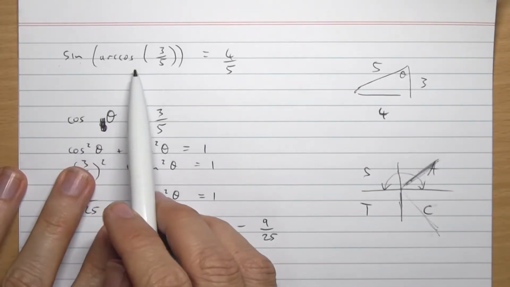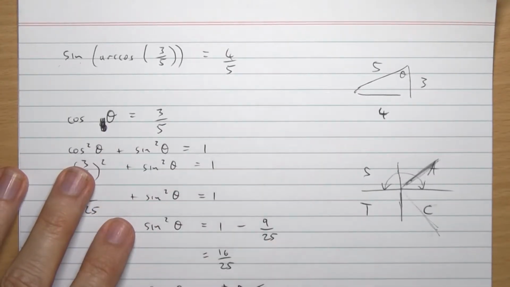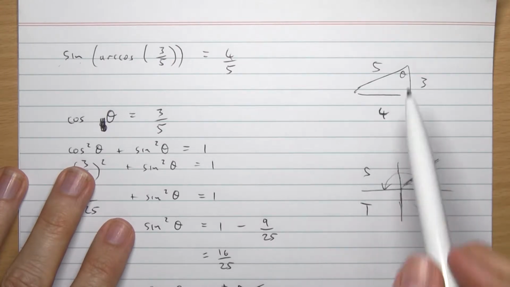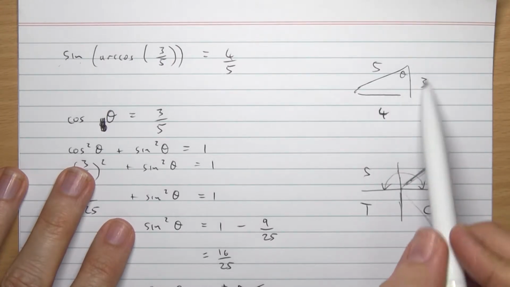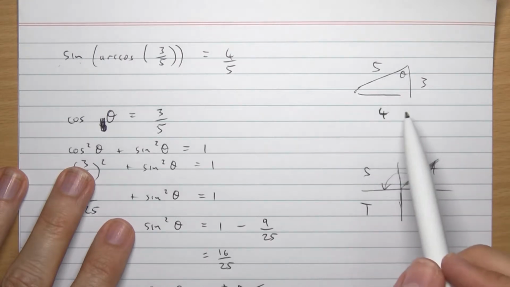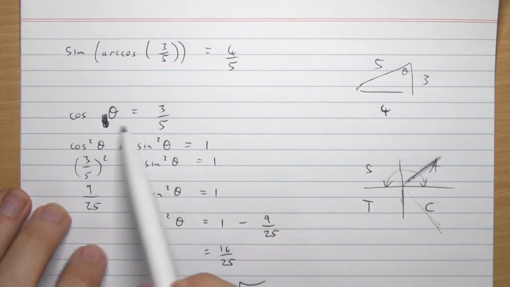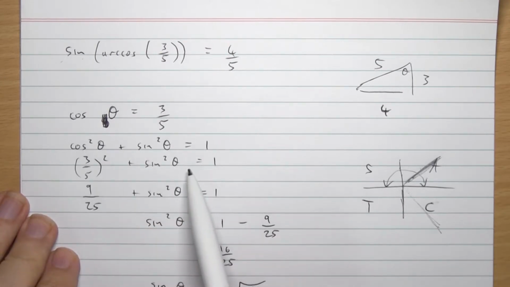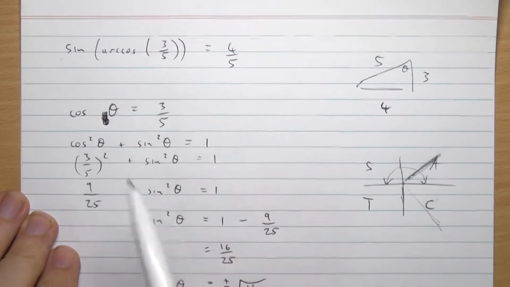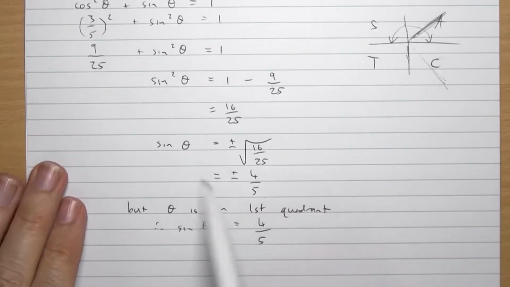Sine of arc cos of 3 on 5 is 4 on 5. Let me just summarise that again for you. You can simply recognise the triangle, 3, 4, 5, yes, there are others. Or instead, you can use a trigonometric identity. Given you know what cos is, you can work out what sine is.